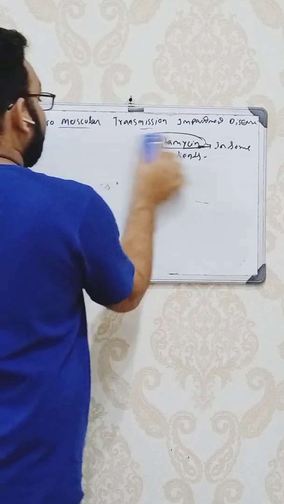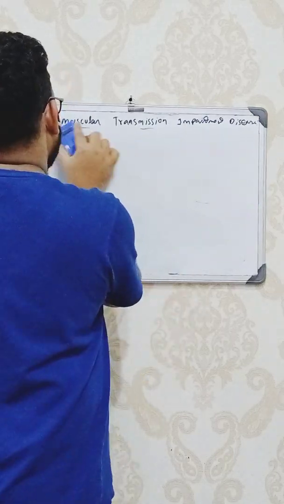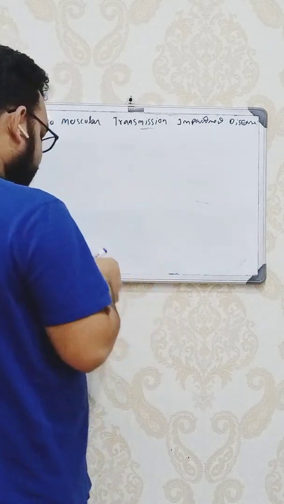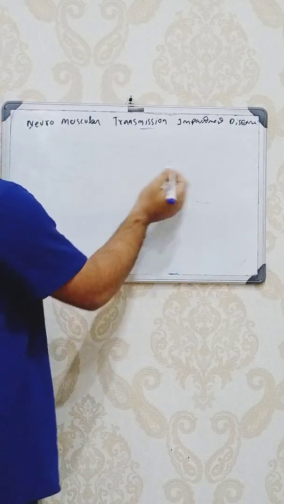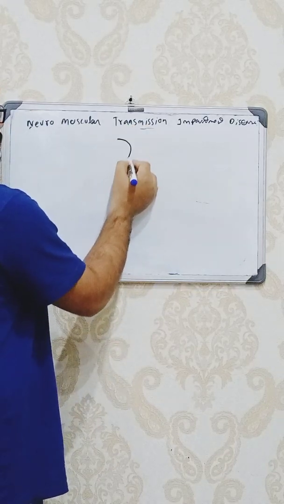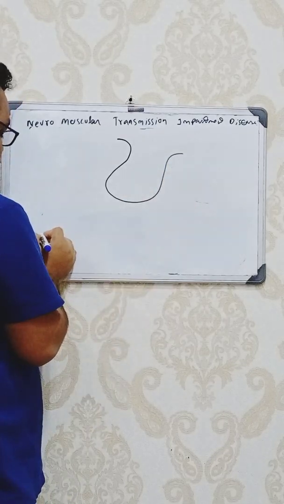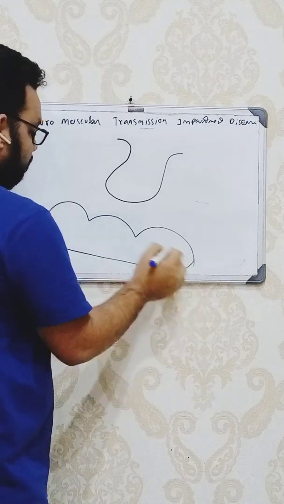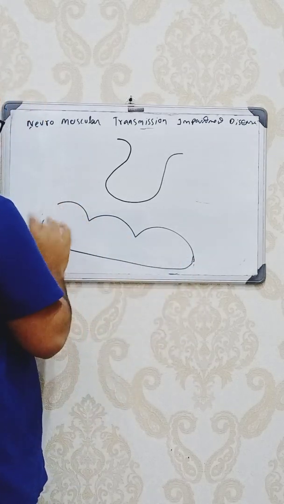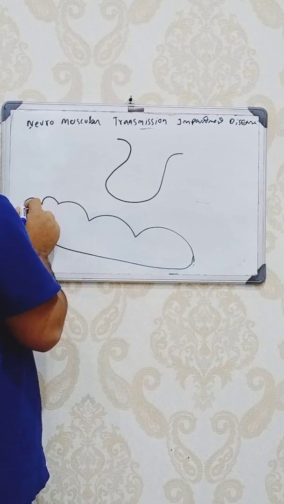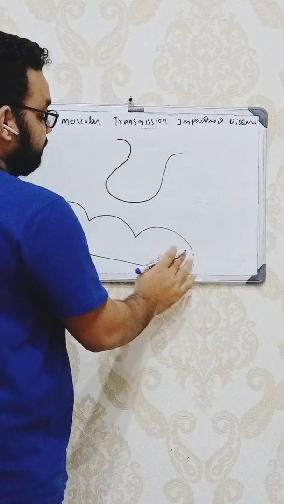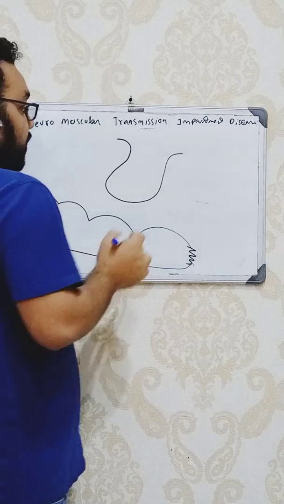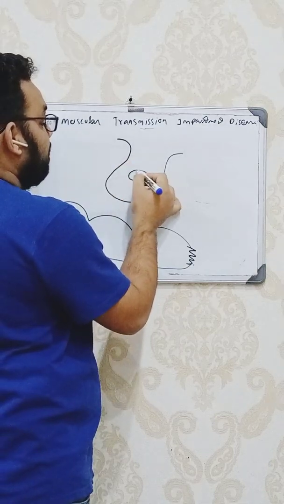Now we need to know what the exact mechanism of myasthenia gravis is. The main problem in myasthenia gravis, let me show you again here. Now in this part, if we see, there is acetylcholine within the vesicles.